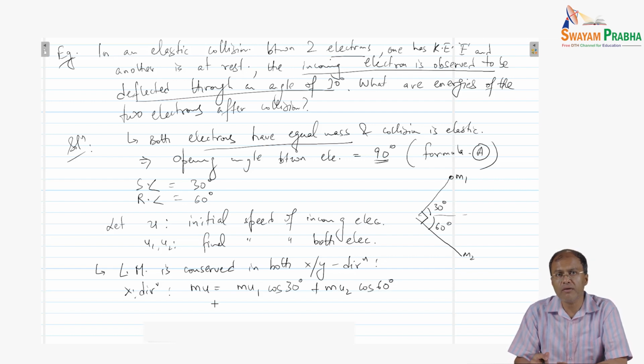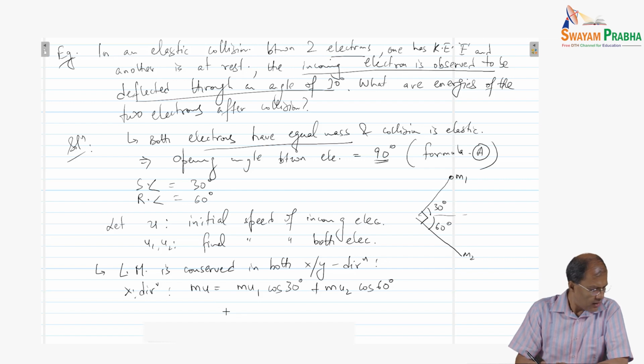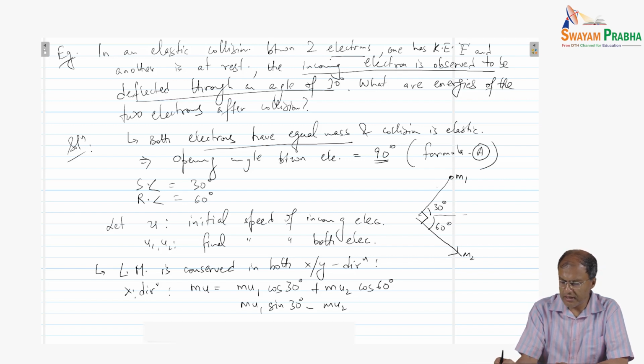Remember, momentum conservation is a vector equation, so we have to conserve each component. Then in the y direction, m u1 sin 30 minus m u2 sin 60 equals 0. Remember, the directions are as follows.